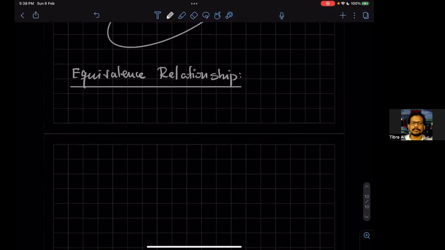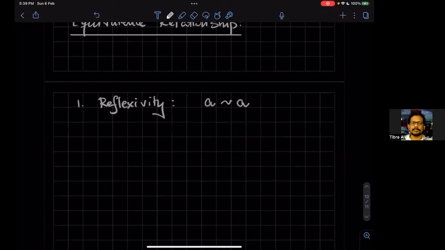The first one is called reflexivity, which says that A is equivalent to itself. So how do we prove this?